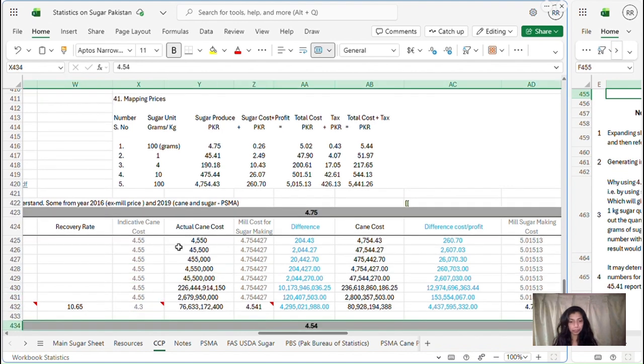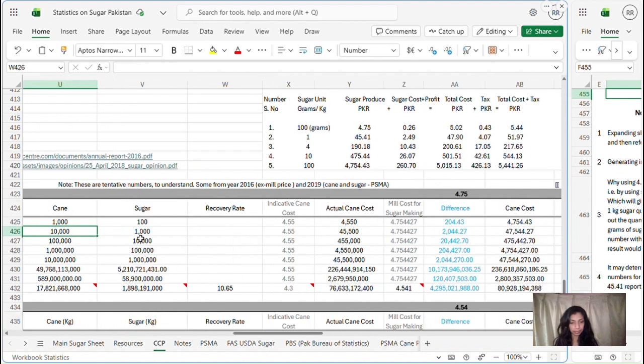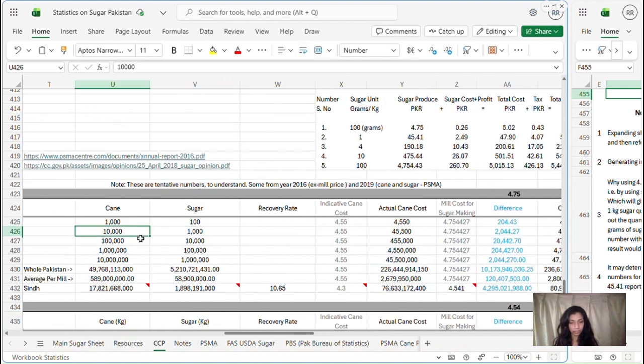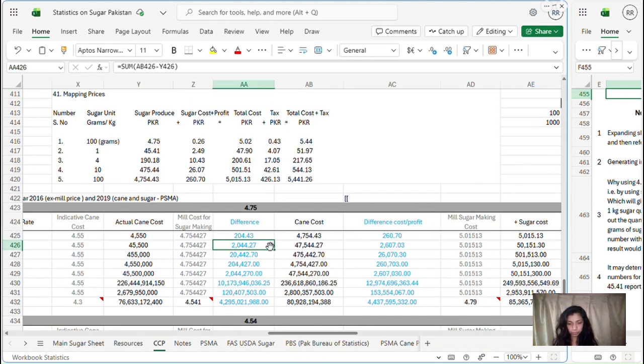How? This is the sugar unit in grams or kgs, and here we have input the sugar 100 kgs, 1000 kgs in this column, and then the sugar produced column. That sugar produced column is the cane cost.